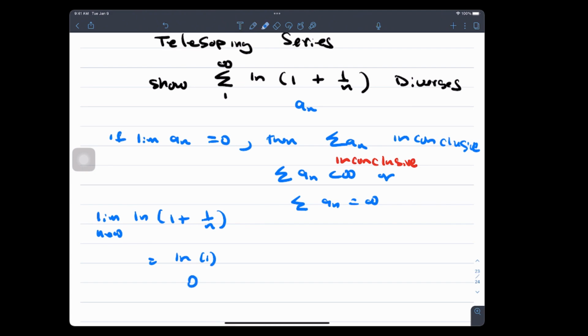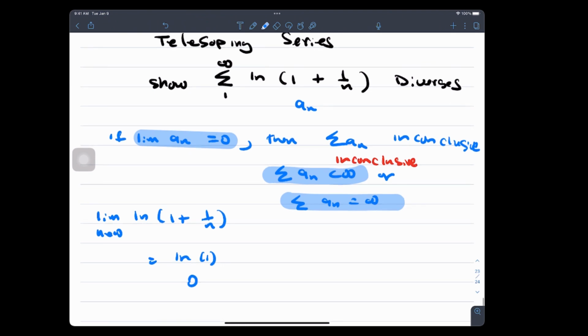So what happens when the limit is 0? Nothing. The series can either converge or the series can diverge. It's an inconclusive situation. So I want to make clear that just because you have that limit of a_n being 0, it doesn't mean anything. And in fact, this telescoping series diverges.